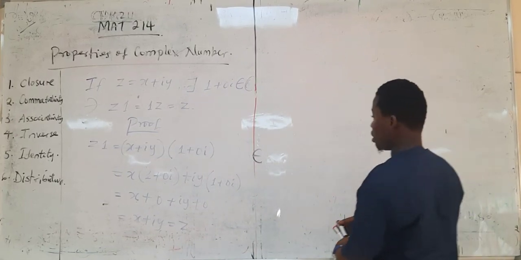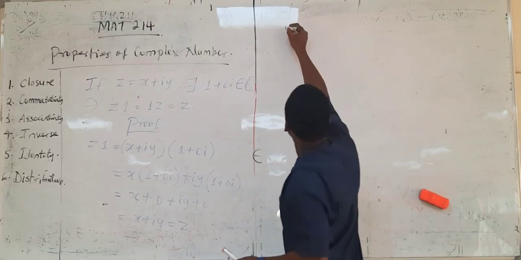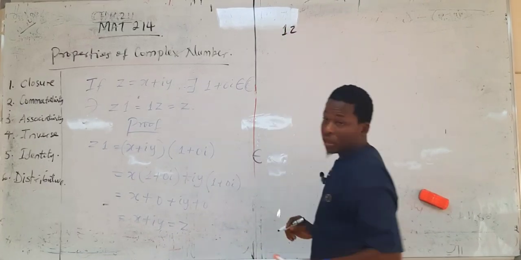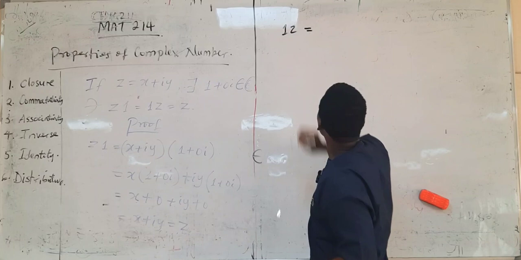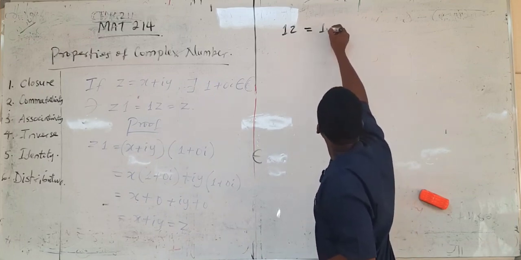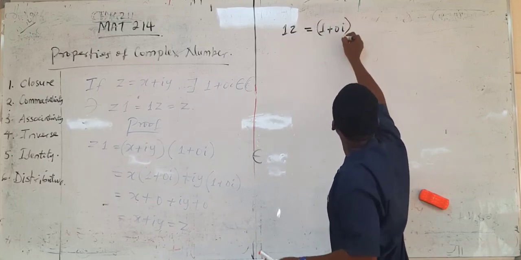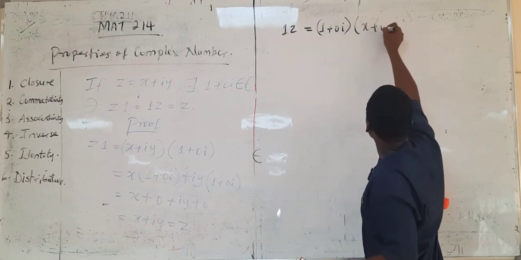Similarly, we can say that 1 times z is equal to 1 plus 0i times x plus iy.